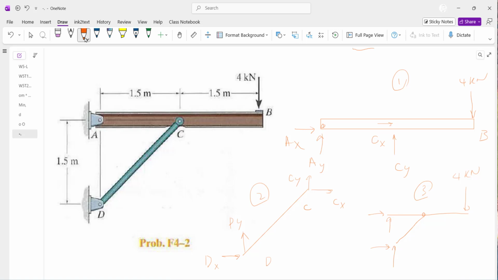And now the solution to this problem is, you have to notice DC is a 2-force member. DC being a 2-force member means, when you are making the free body diagram, it doesn't matter if that's straight or a boomerang shape, as long as this is a 2-force member, it can only be at equilibrium if the line of action of the forces are like so.